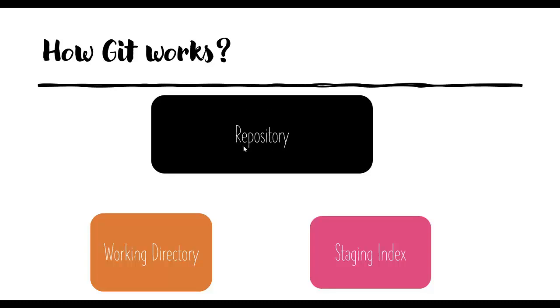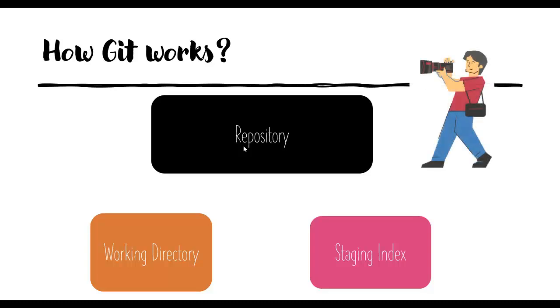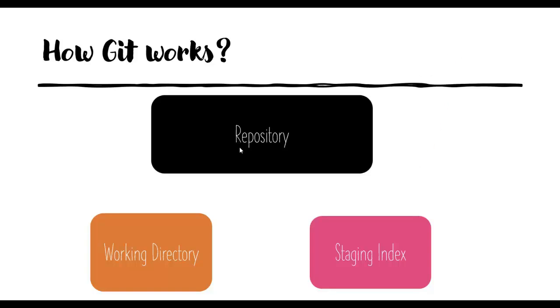Now, what is the repository? A repository, also called a repo, in Git is a directory that contains all your project's files and the version history of those files. Please remember snapshots. Here we are keeping our snapshots, so we can revert back to any snapshot when required.